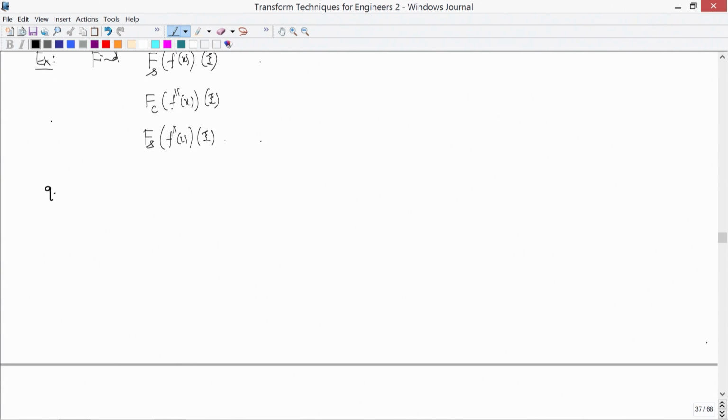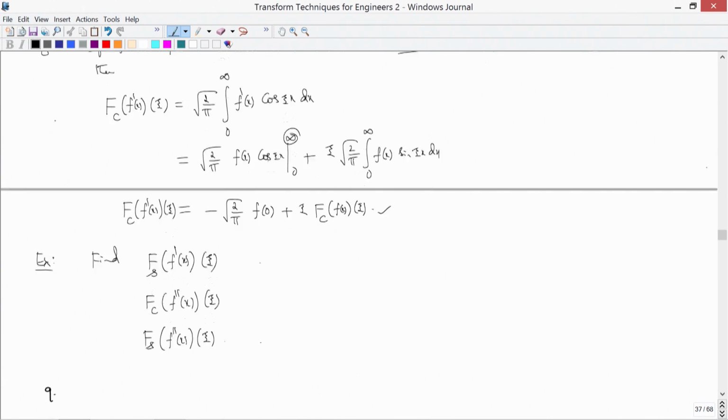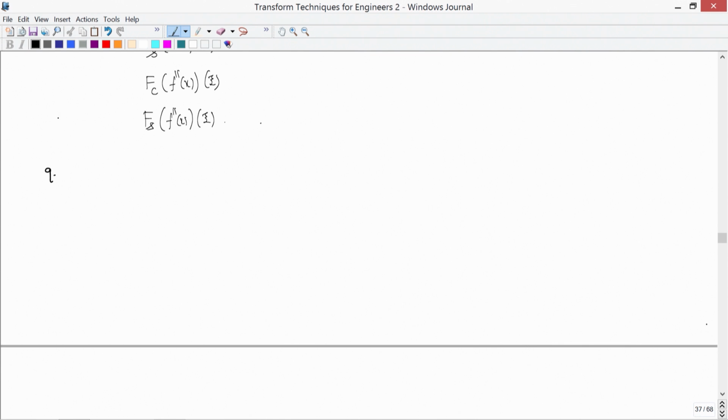So, another important thing is the ninth property, let us say if it is 8, it is 9. Property 9: let me define the convolution of two functions.